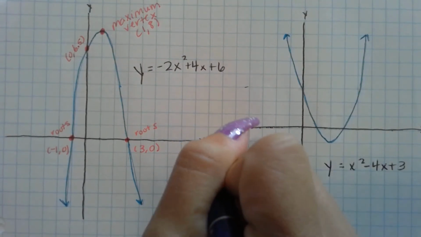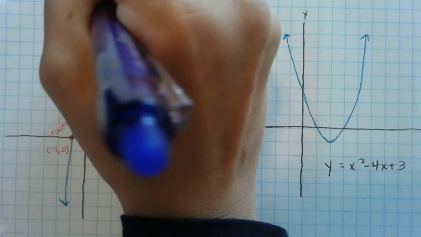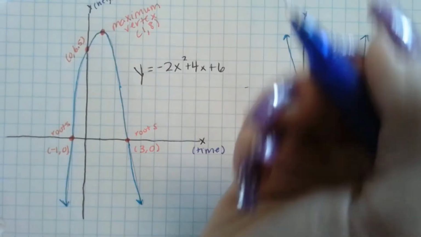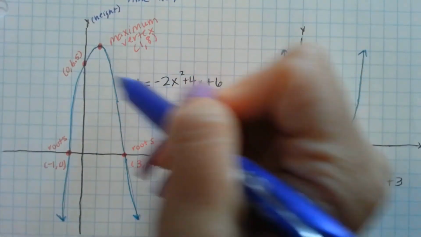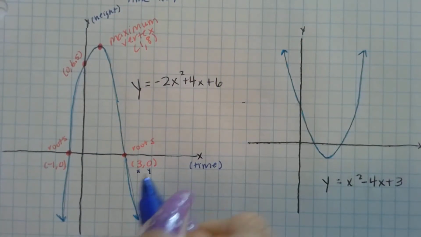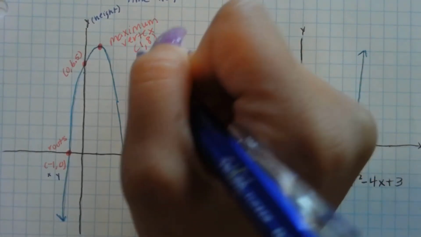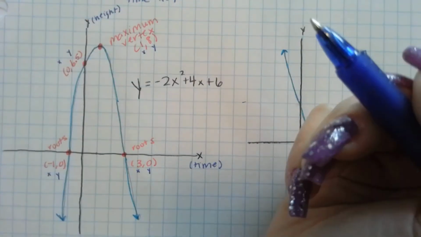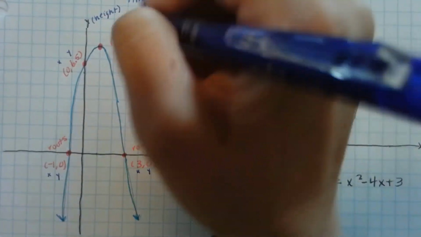And while you're doing that, we know our x is generally going to be time, and our y values are going to be height. That's essentially what all these are. When we write a point, we know this is x, y.